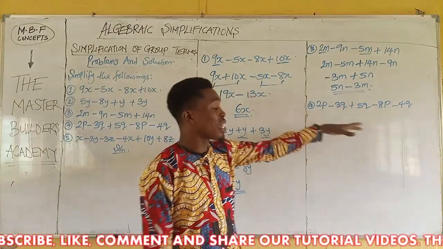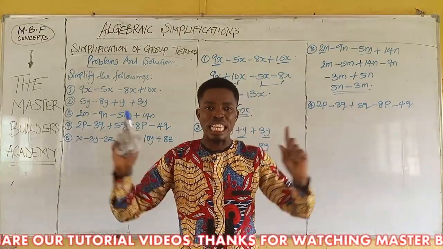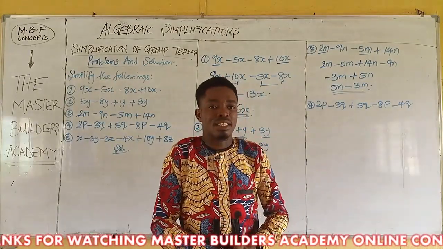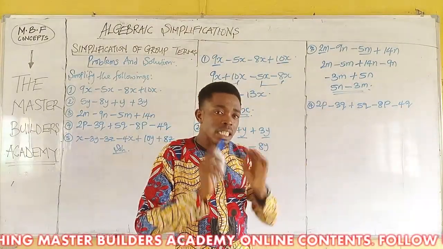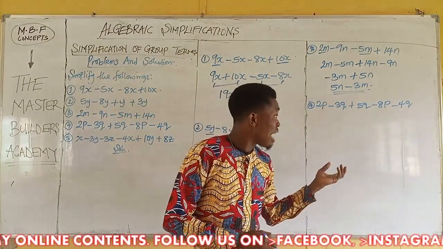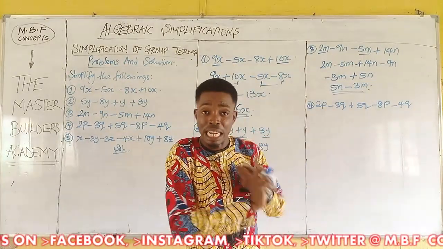Now here, all we need to do is identify, like I said, the first thing you always do is to identify the number of alphabetical letters that are present in any given expression. In this expression, we have P and Q as the alphabetical letters present here.